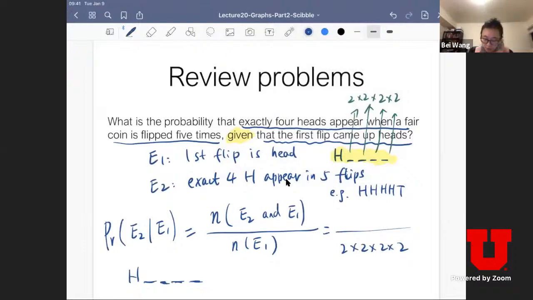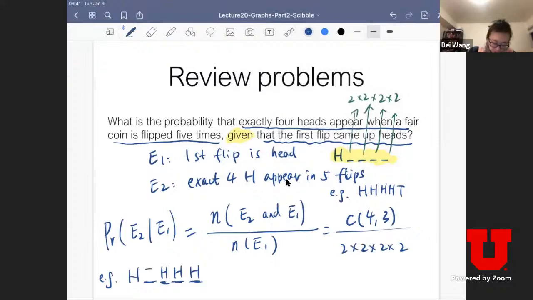So you choose among 4 possible positions, you're going to choose 3 of them and put head in there. For example, you can put head in the 3rd location, the 4th location, and the last location. That's one particular configuration.